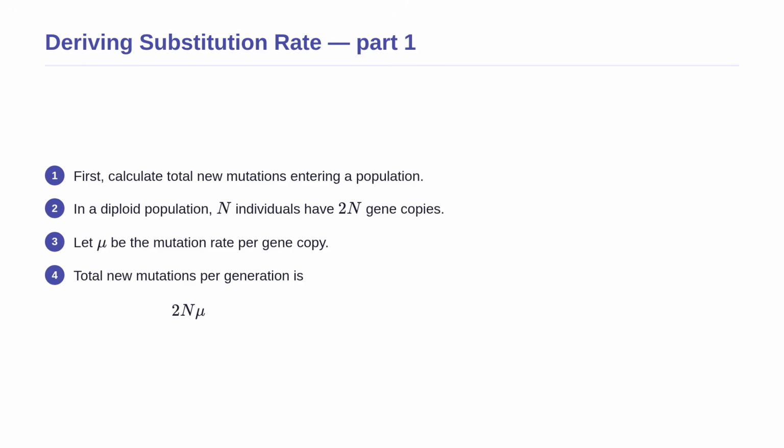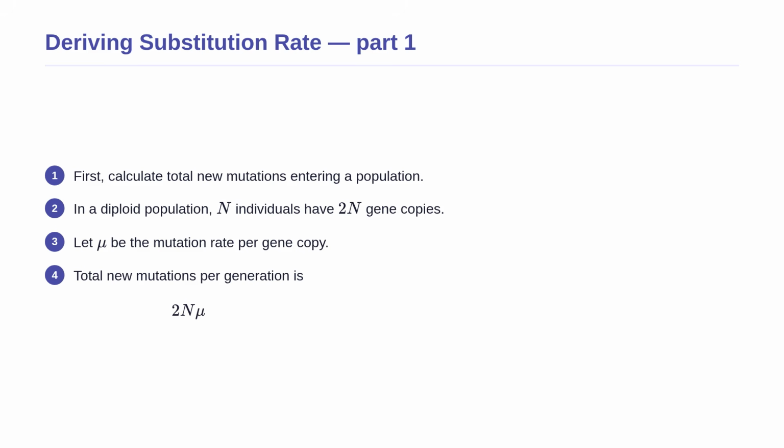Now that we have successfully used the formula, let us understand exactly where it comes from. We will derive this result in 3 logical steps. First, we need to figure out how many brand new mutations enter a population in a single generation. In a diploid population, every individual carries 2 copies of each gene. So if the total number of individuals is N, there are 2 times N total gene copies available to mutate.